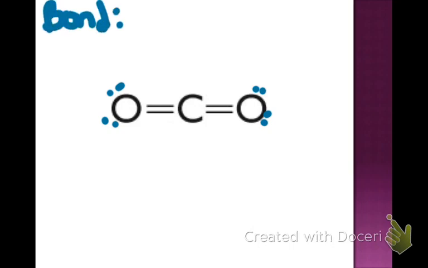Okay, so recall, if we want to figure out what the bond is, we have to look at the electronegativity difference. So carbon, if we look on Table S, is 2.6. Oxygen is 3.4, and this oxygen is 3.4 as well. So subtract them: 3.4 minus 2.6.